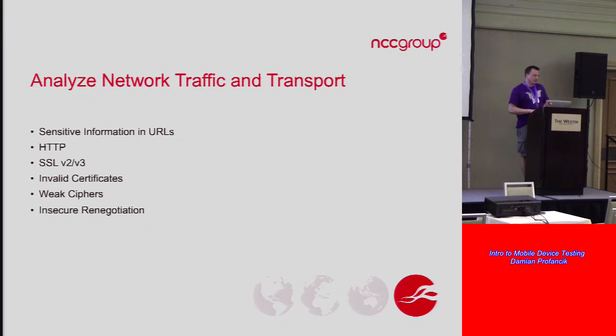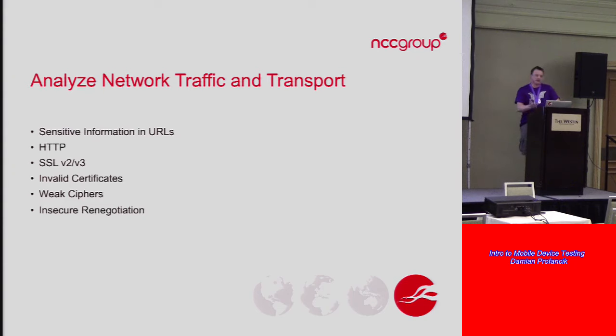I was doing a mobile pen test a couple years back for a large bank in the Middle East, and the very first thing I noticed as soon as I got proxying up and running was that they sent the username and unsalted MD5 hash of the password in the URL. And I think it was over HTTP too. So neither of those are good, and not what you want to see in your banking application.